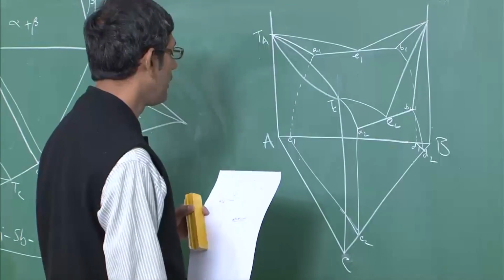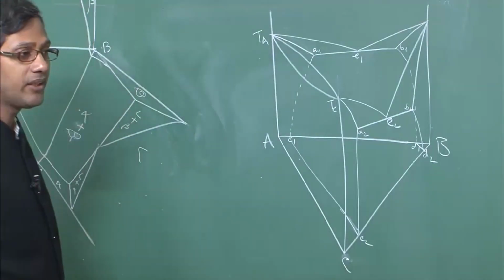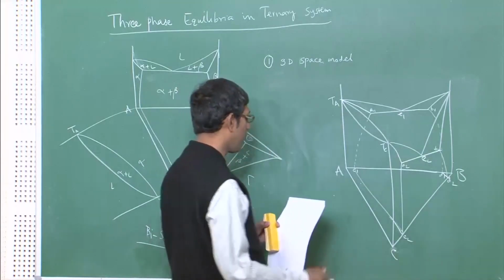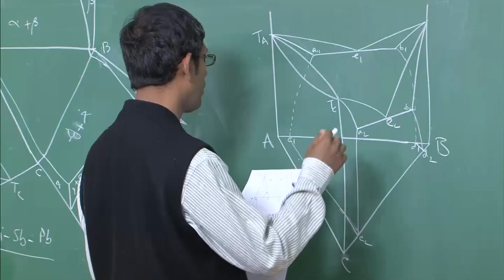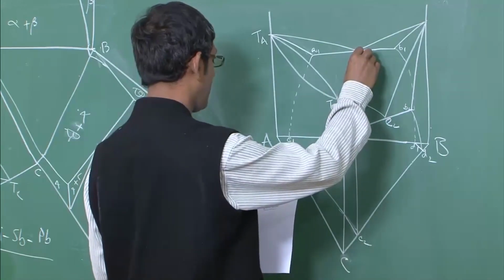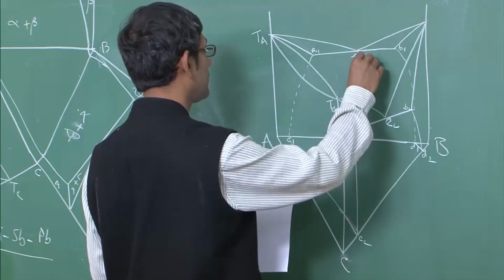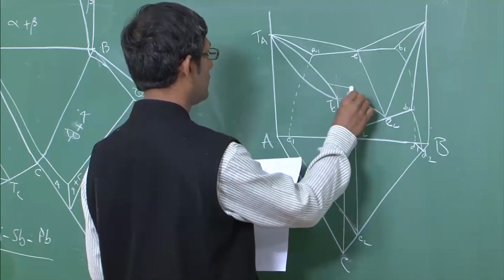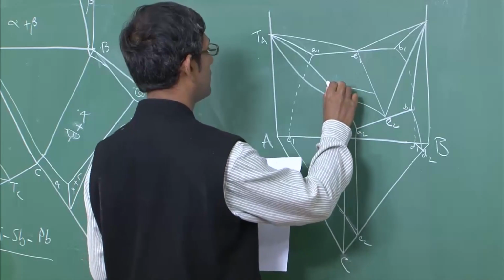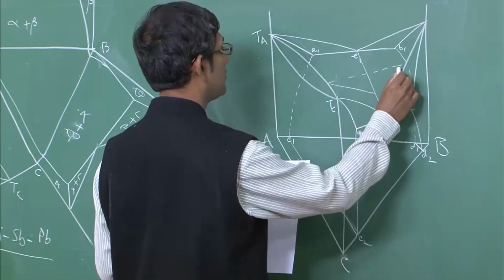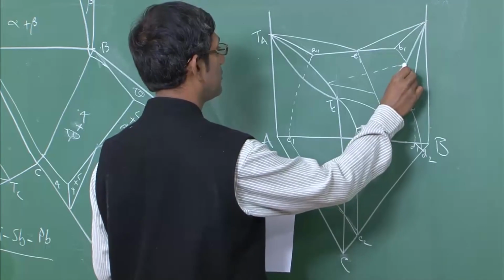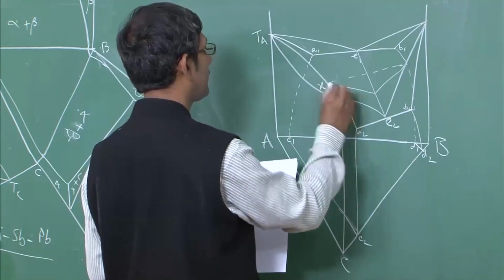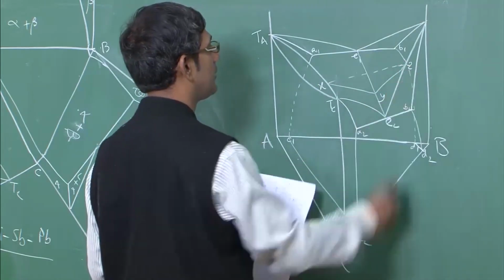Okay. Now, one thing you have to understand here, because you have eutectics here, you need to know where these eutectic lines in the ternary go, correct. So, let us connect these. And we can write down x, y, z.